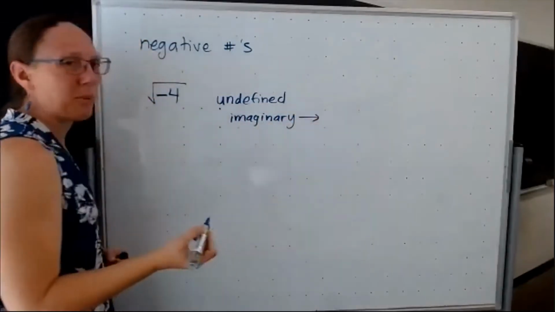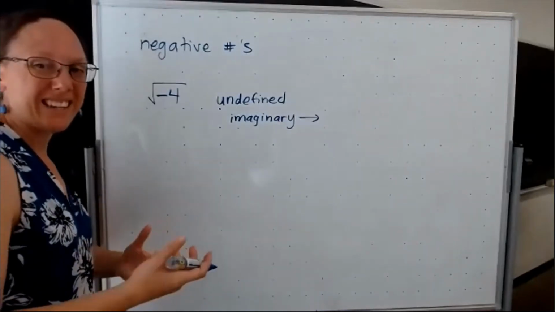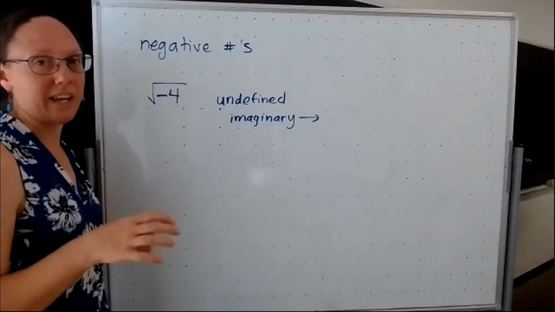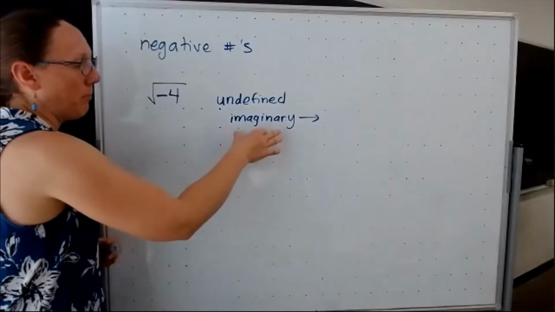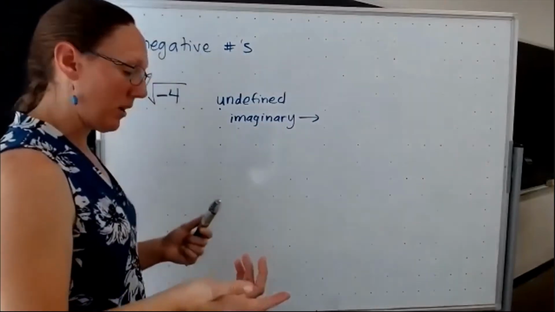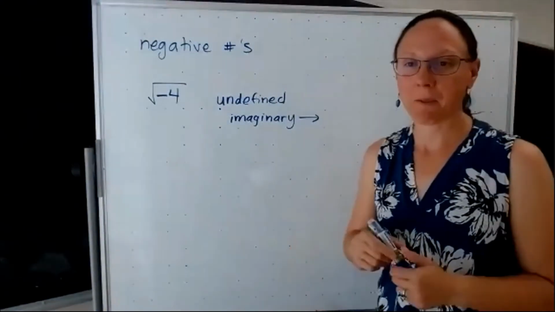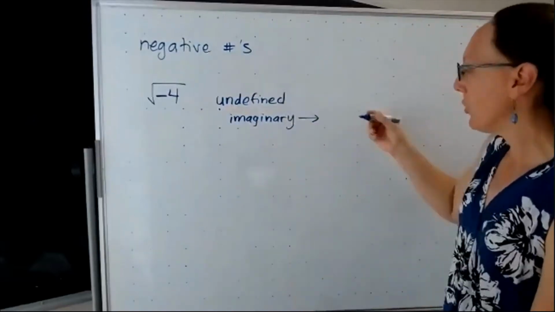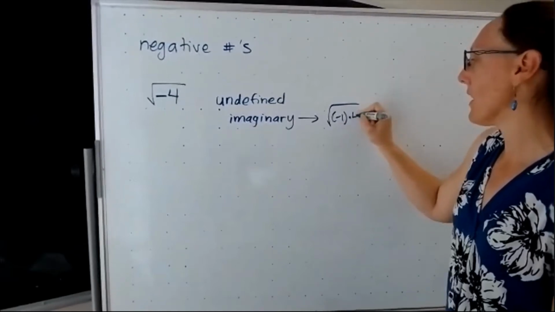And this imaginary piece, we're not going to talk about a lot in here, but it'll definitely show up for those of you that are taking the 17 series for calculus. But this imaginary thing, in case you haven't seen it before, mathematicians got super creative and they were like, oh, -4, we're just going to call that the square root of -1 times 4.